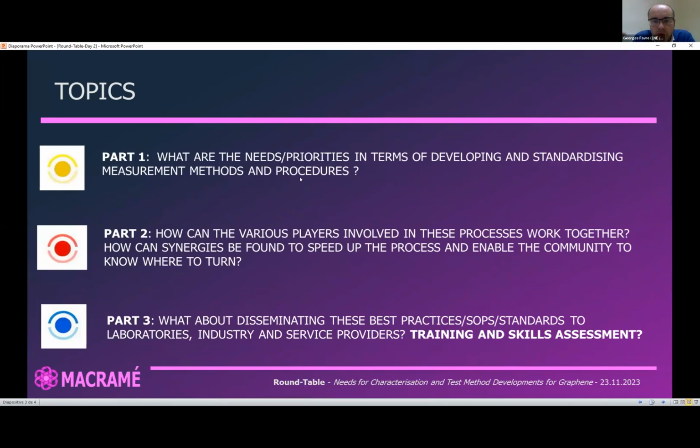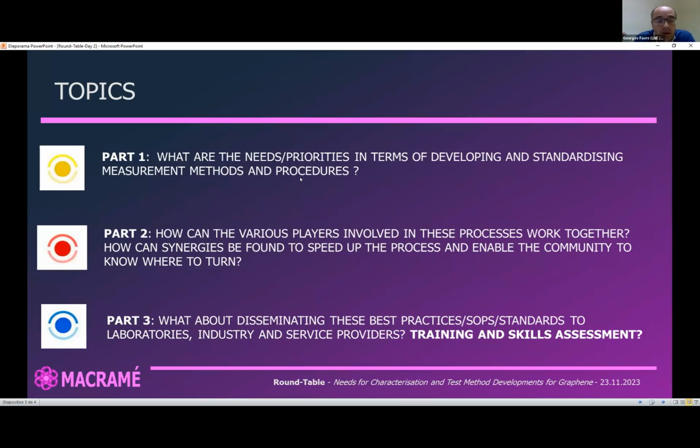I want to propose to you to focus the discussion on 3 main topics. And if you have questions different to that, no problem at all. But the idea is to gain some knowledge from you regarding 3 main issues. First one being the needs and priorities to be identified in terms of developing and standardizing measurement methods and procedures.